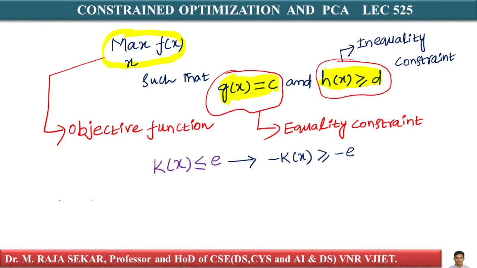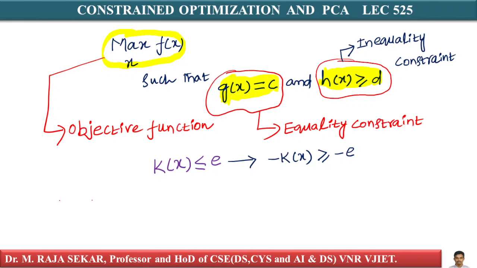So given a less than or equal to constraint, you can easily convert it into a greater than or equal to constraint by multiplying both sides by minus 1. That's why we are not putting the less than or equal to constraint in the general form. You have the equality constraint and inequality constraints with the greater than or equal to symbol, isn't it?